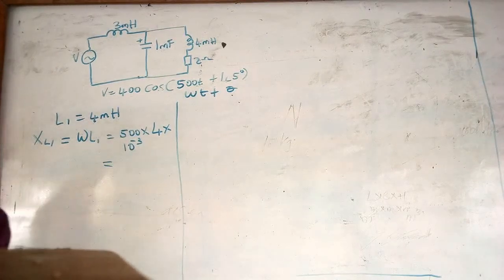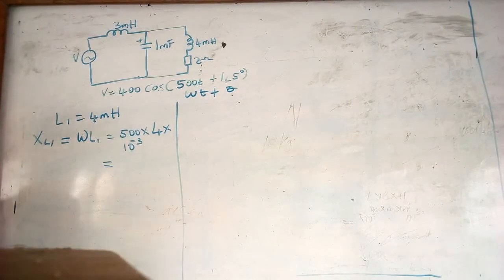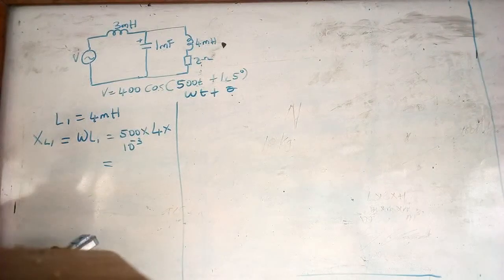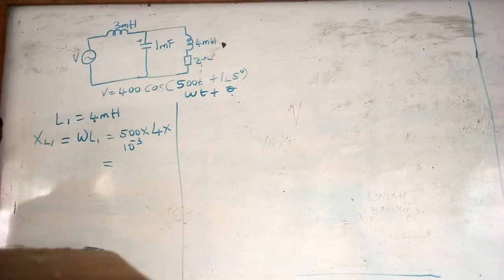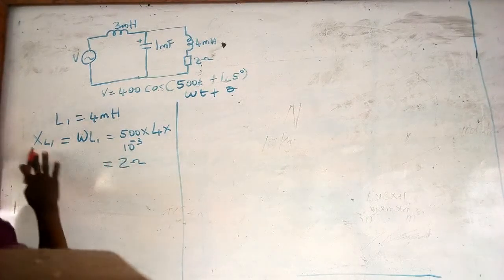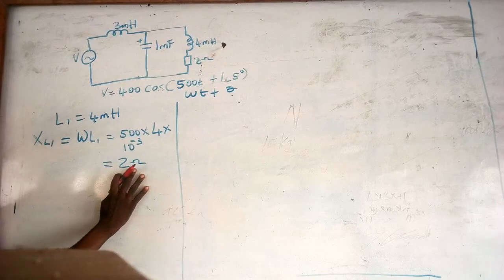So we have 500 times 4 times 10 raised to minus 3, which is 2 ohms. Because this is a reactance, it should be in ohms.